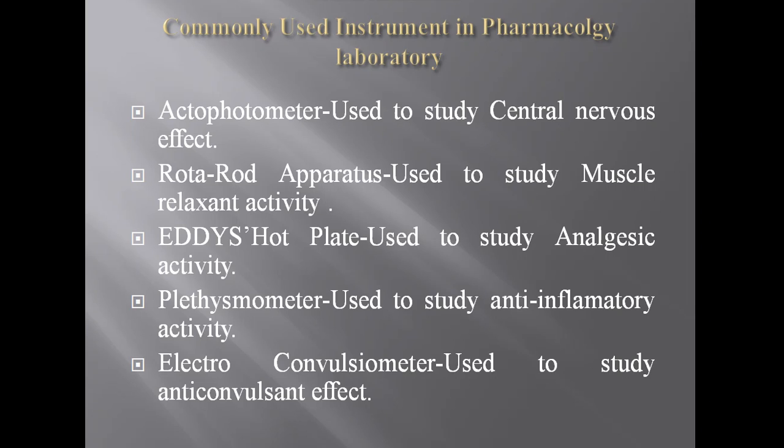So I have described the uses of the rotor rod apparatus and the actophotometer. The rotor rod apparatus is mainly used for muscle relaxation, and the actophotometer is mainly used for studying the central nervous system effect, mainly the locomotor activity.